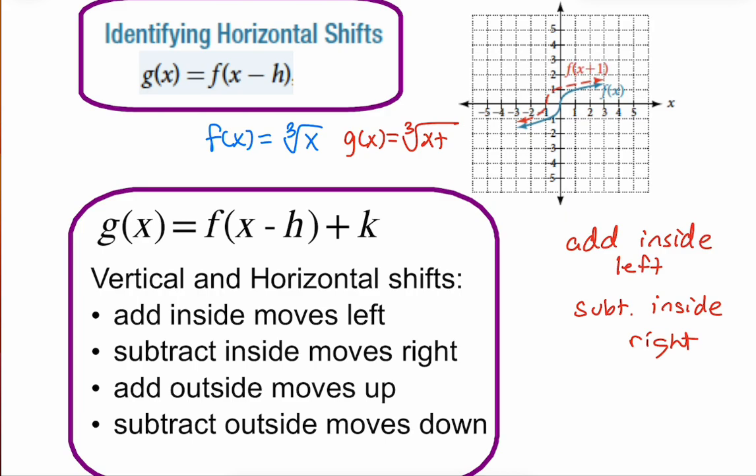So these major rules are what you want to know: if we add on the inside, it moves left. Subtract on the inside moves right. Add on the outside moves up. Subtract on the outside moves down. Many times they will refer to the change in your horizontal shift as an h and your vertical shift as a k.